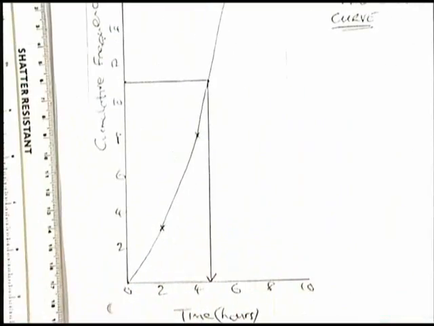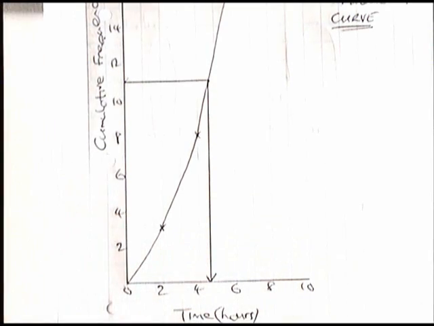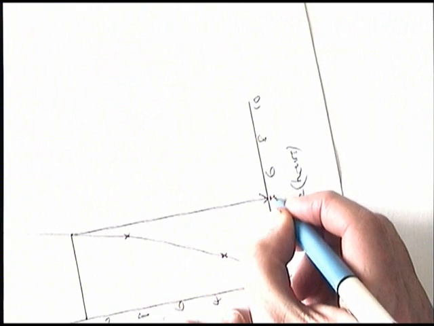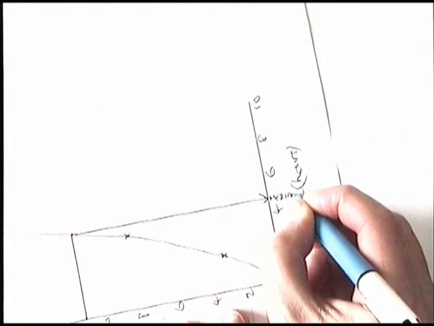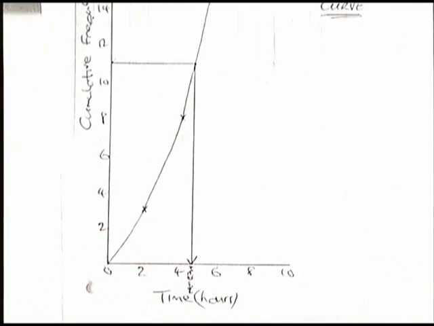Now I'm getting that as being about 4.5. Depending on where you've drawn your curve, yours may be slightly different. Then what I want you to do is write down here median. That is your median. So, a bit of time if you need it to draw that line in.